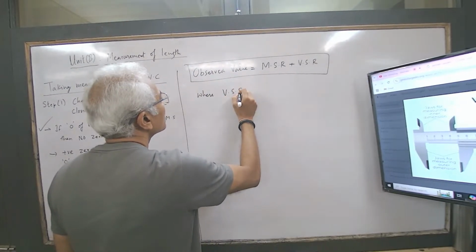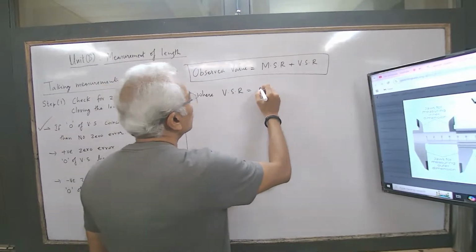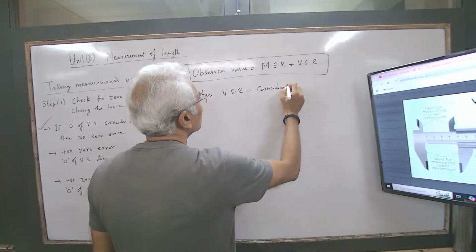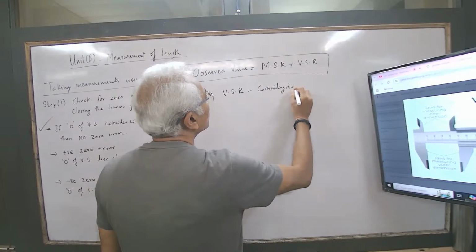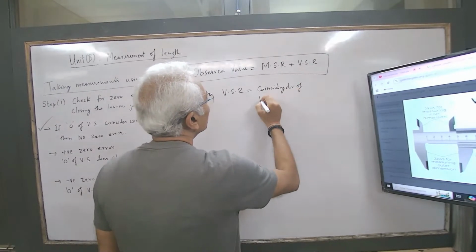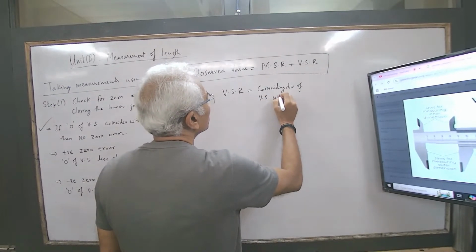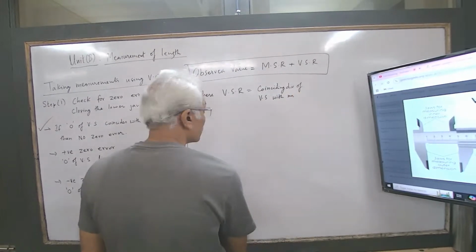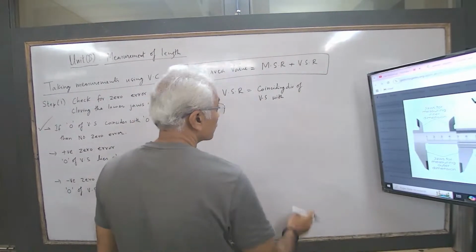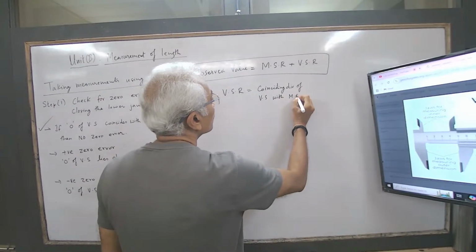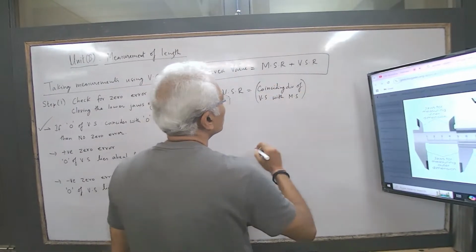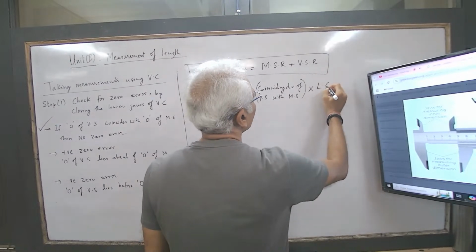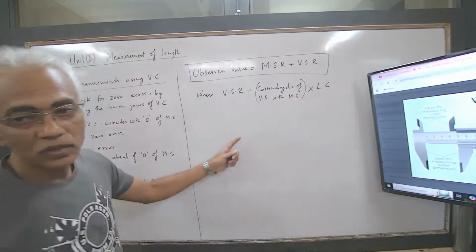Vernier scale reading is equal to coinciding division of vernier scale with main scale into least count. This is how you calculate.